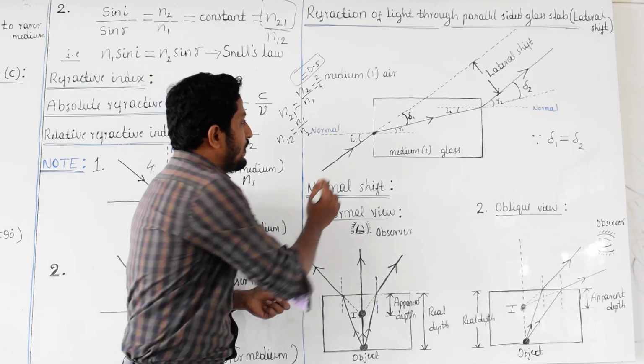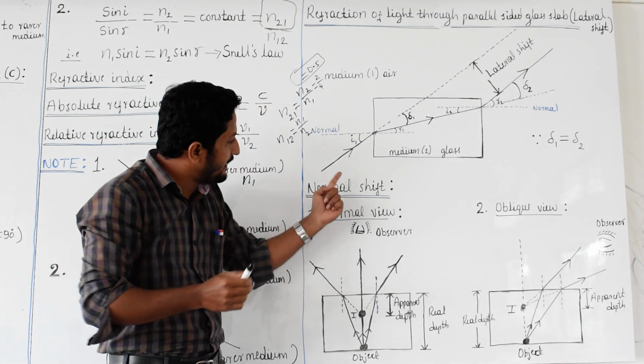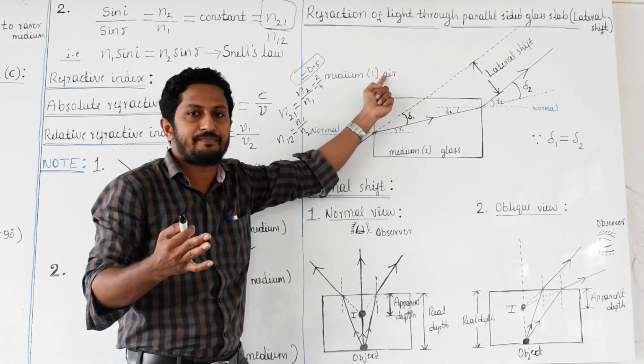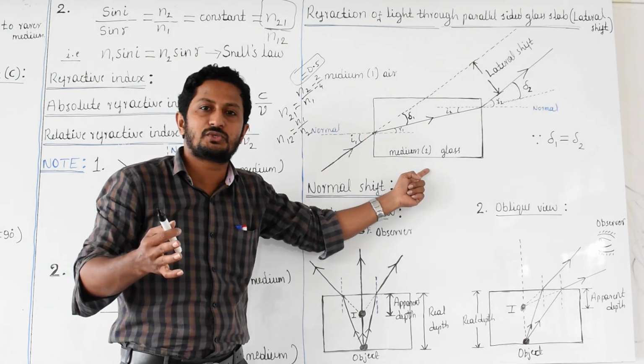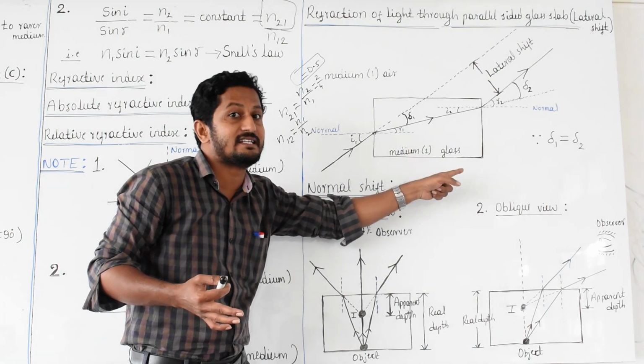Now, when light got incident here, look, light ray coming from which medium? Air medium. It is coming from air into glass. Among these two, air is rarer and glass is denser.